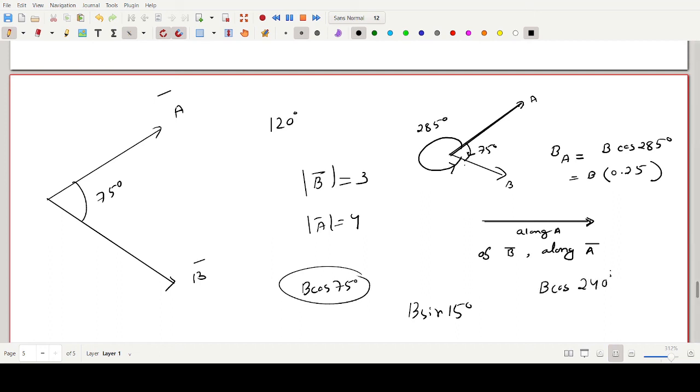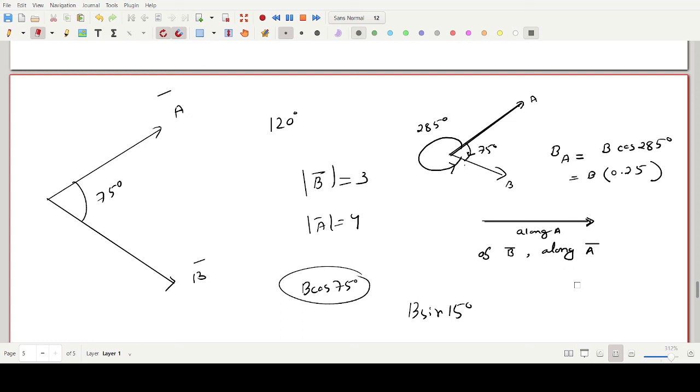What is the value of cos 240? Minus 0.5, so minus half. And cos 120 is also minus half. So in that case, the result also remains the same. And the answer someone gave, B sine 15 degree, will also give the same answer.